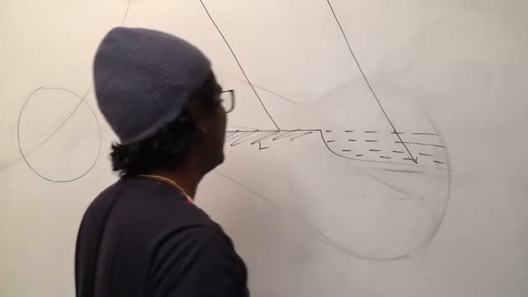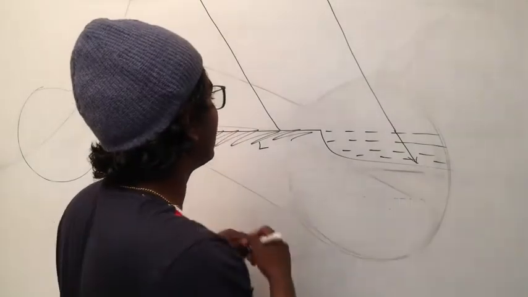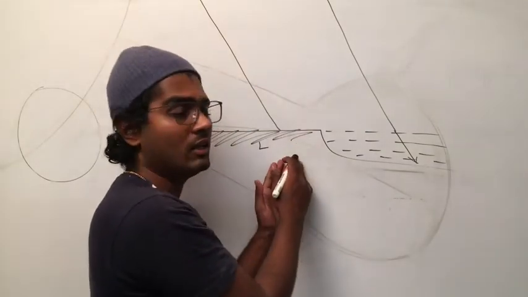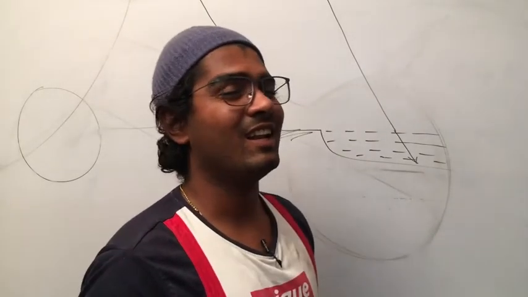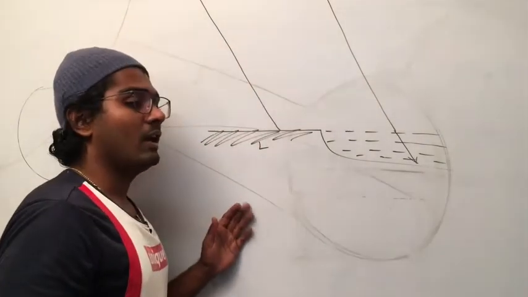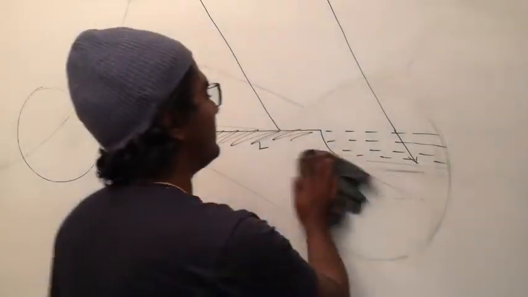Whereas land is not transparent, and when the sun's rays fall on it, it heats up quickly. That is one of the reasons why land and water heat up and cool down at different speeds.